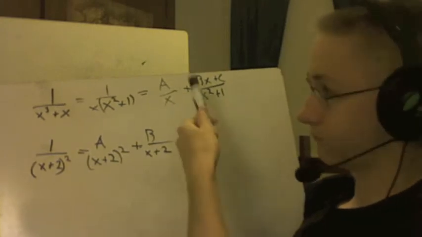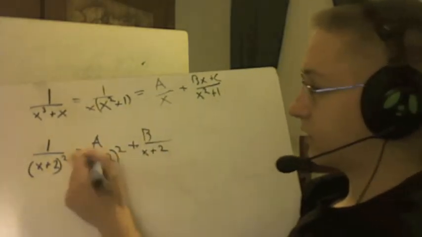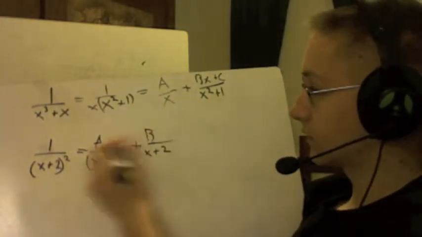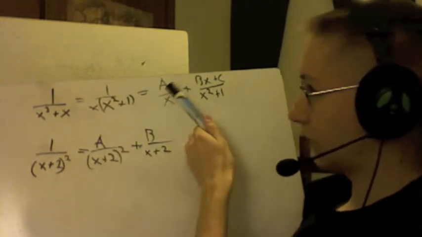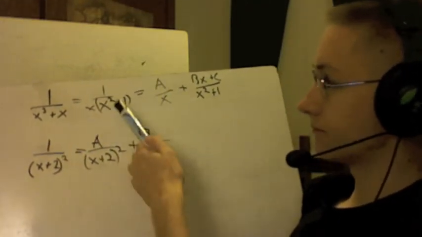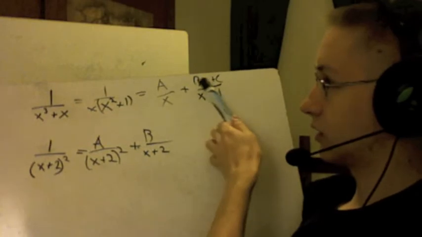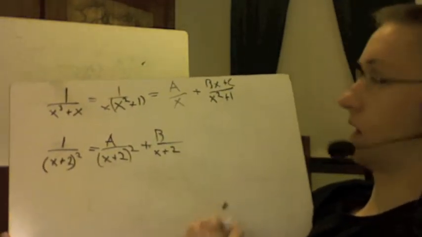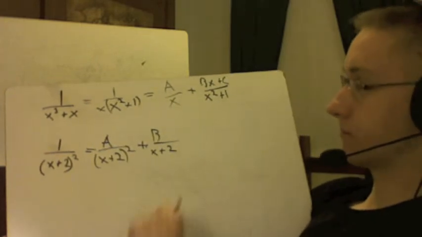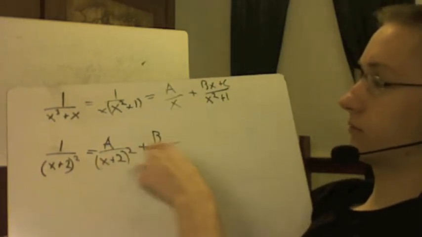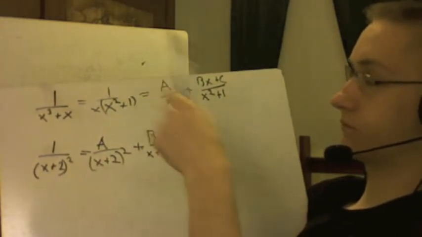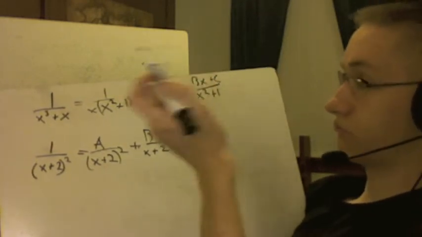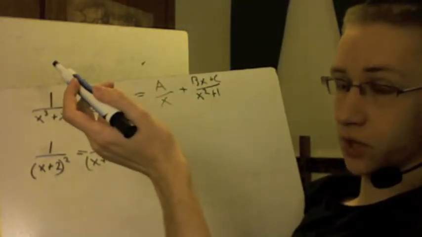Alright, so review. Linear factors like this only need one unknown. Irreducible quadratics, two unknowns, in the form of a linear. Powers go down like that. So, review of what to do, partial fractions.